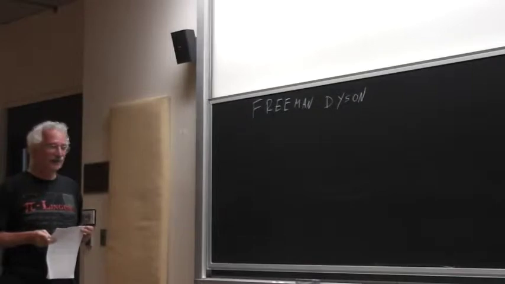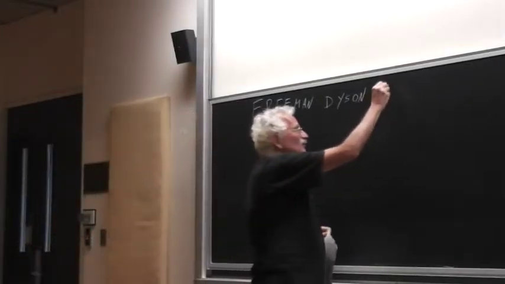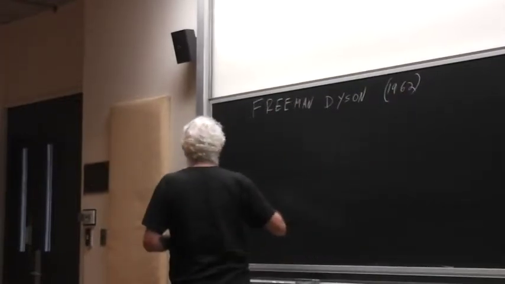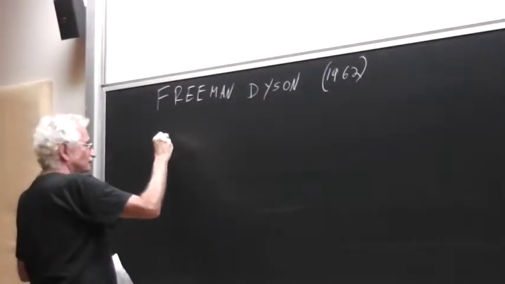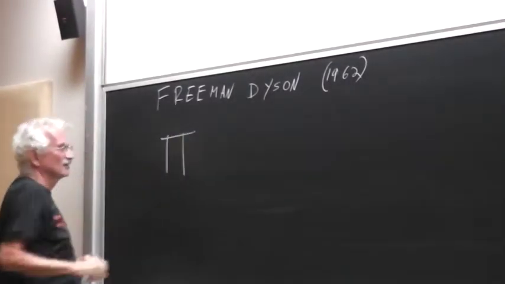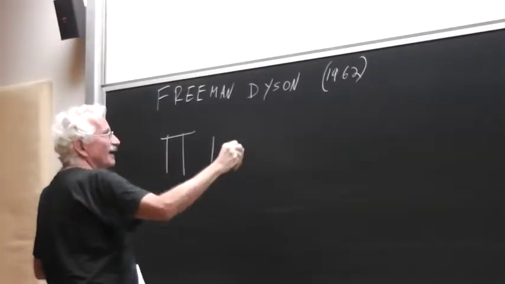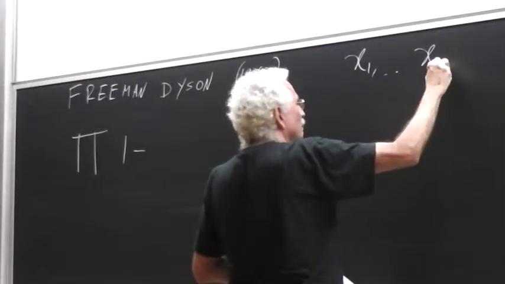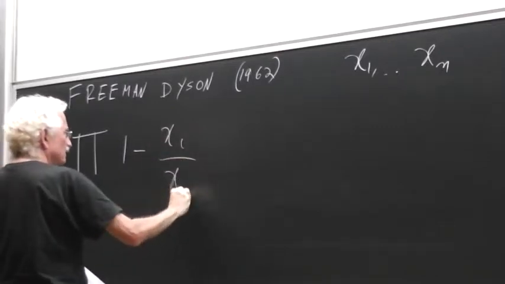Anyway, one of the things that he conjectured way back in 1962, which became known as the Dyson conjecture, was the following innocent thing. Take n variables, x1 through xn, and form the following product.